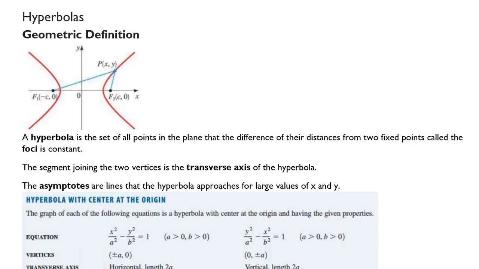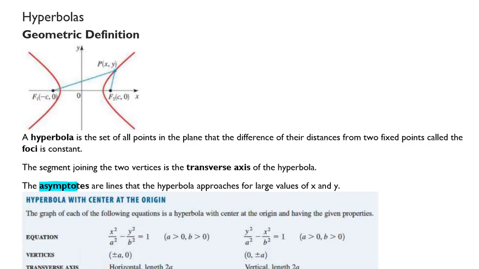Now this sounds a lot like an ellipse. The only difference now is it's a difference instead of a sum. The segment joining the two vertices is the transverse axis. The asymptotes are lines that the hyperbola approaches for large values of x and y.